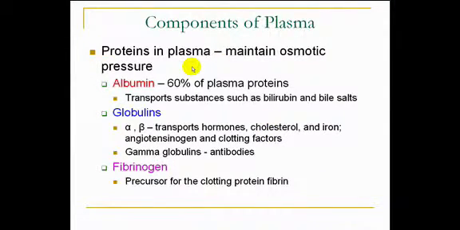And the purpose of these proteins, or one of their main roles, is to maintain osmotic pressure. Remember, we learned in our blood vessel chapter that fluid leaks out of the blood into the tissues based on hydrostatic pressure.